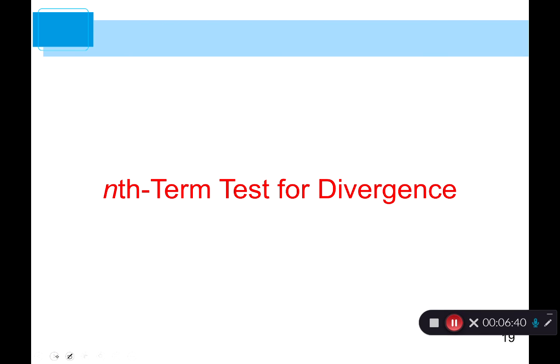All right. I do want to get into the nth-term test for divergence. Very often the nth-term test is used. It's the most general test for divergence, and I typically will use it first on any series that I'm testing for convergence or divergence, because if it's true, it's a very quick and easy way to test for divergence. So it is usually my first shot.